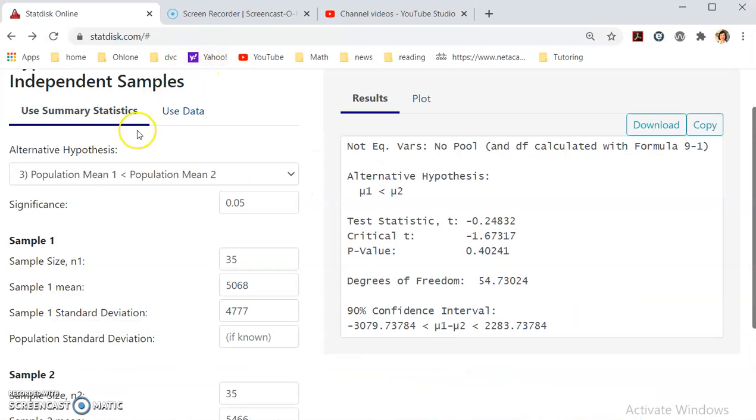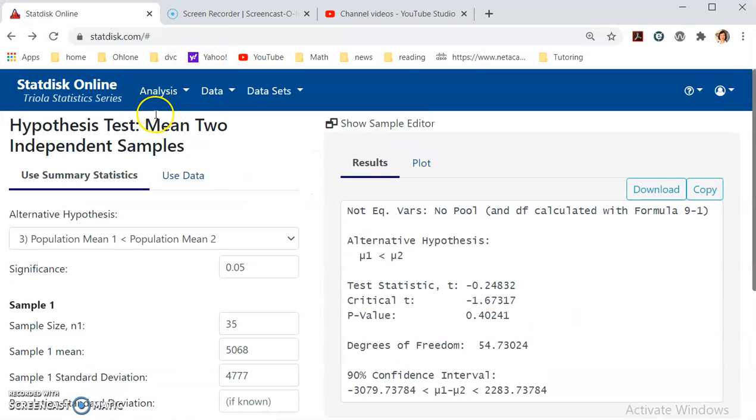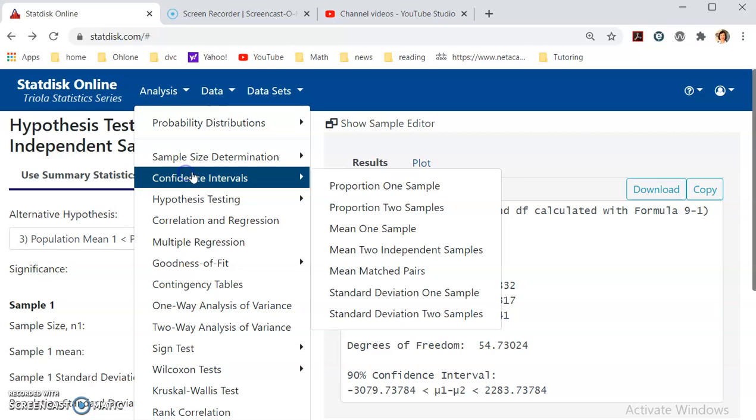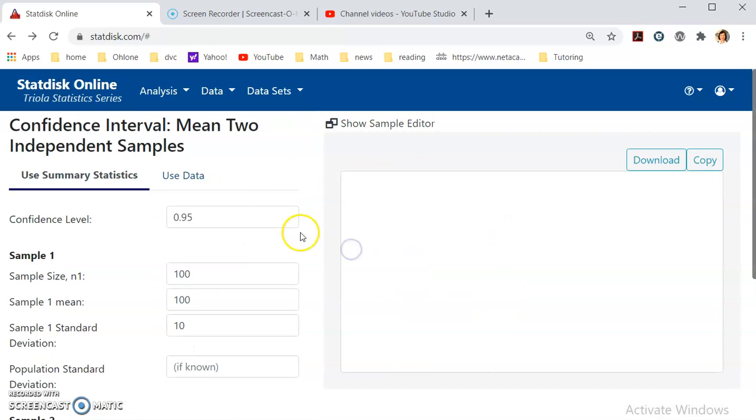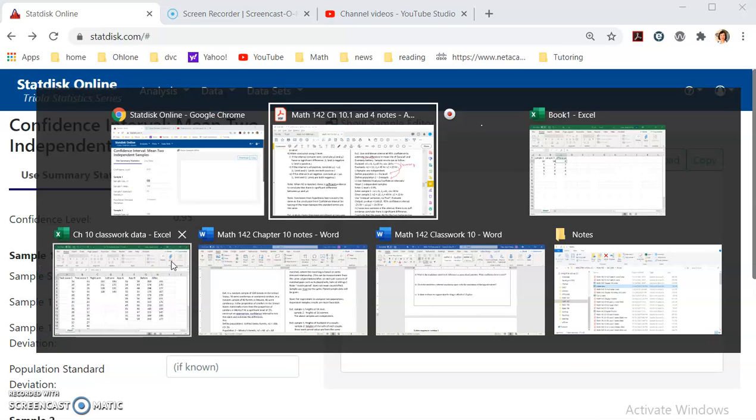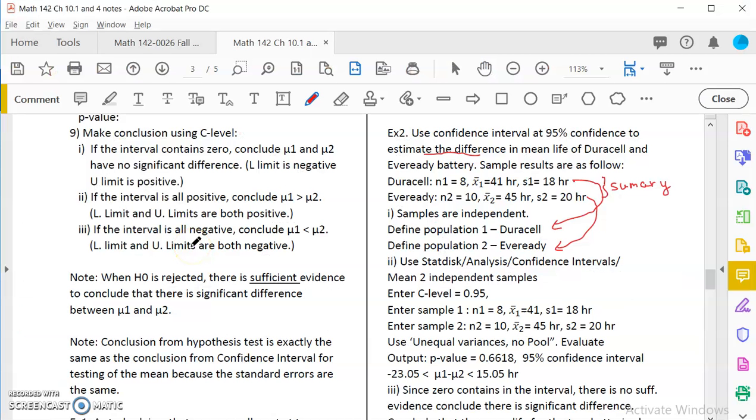So you just go to StatCrunch and run it. Go to StatCrunch and run confidence interval, mean two independent samples. Say 95%, input the data. Oh, did I copy it down? n1 is 8, 41, 18. n2 is 10, 45, 20.